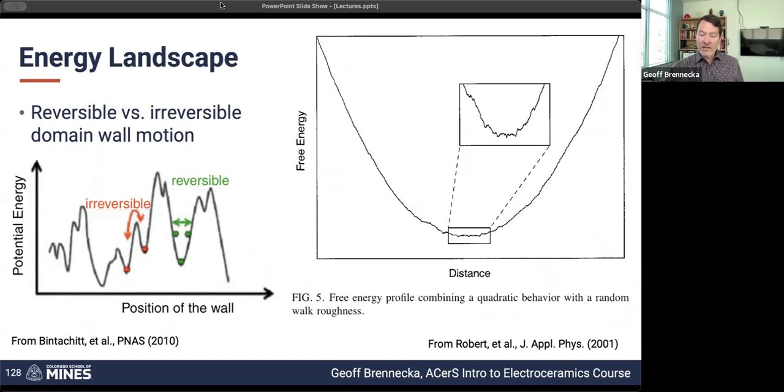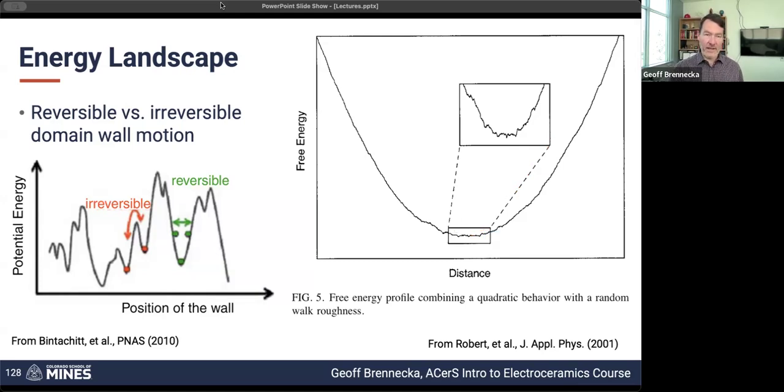So when we actually look at that energy landscape from one unit cell to the next, to the next, from one domain wall to the next, to the next, from one grain to the next, to the next, there's always going to be some variation. And so instead of having a nice smooth parabola, we actually end up with noise there locally. And so if we zoom in, there's going to be a bit of noise within that parabola.